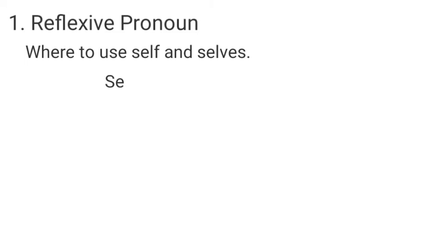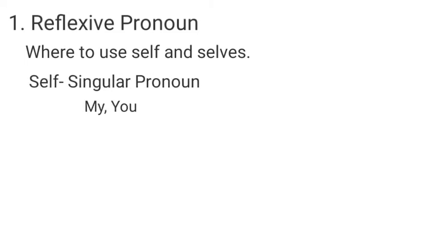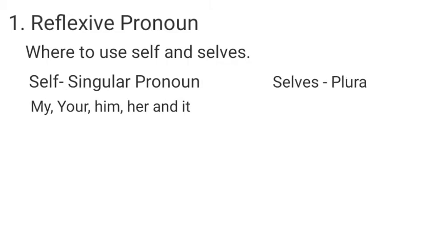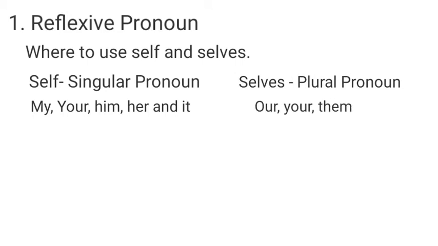The word self is used after singular pronouns, and they are my, your, him, her, and it. And the word selves is used after plural pronouns, and they are our, your, and them.